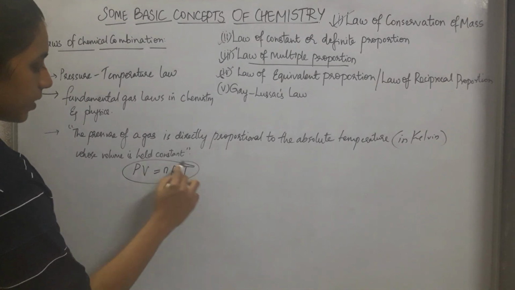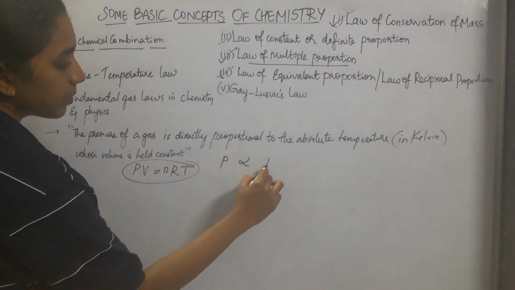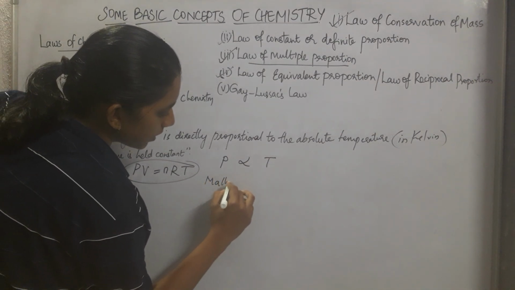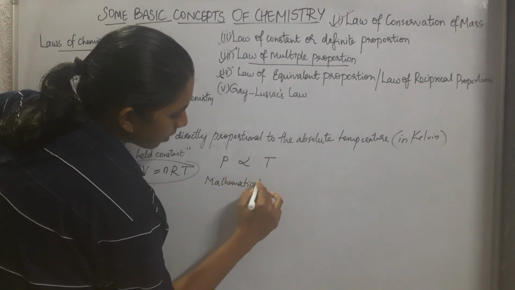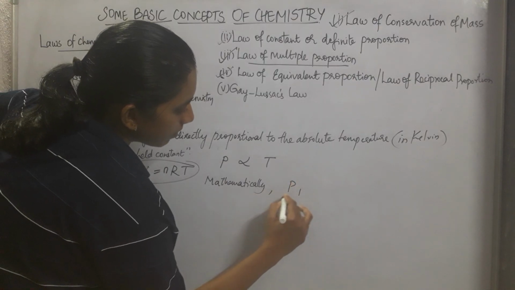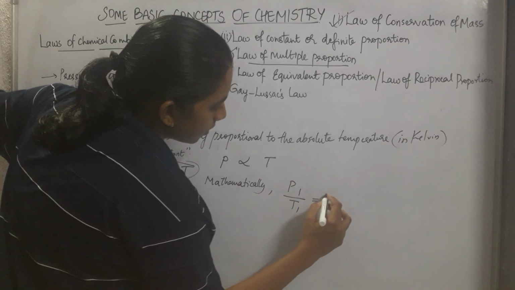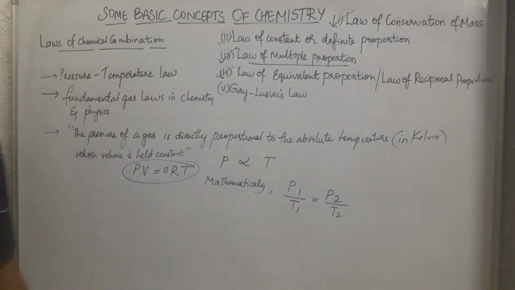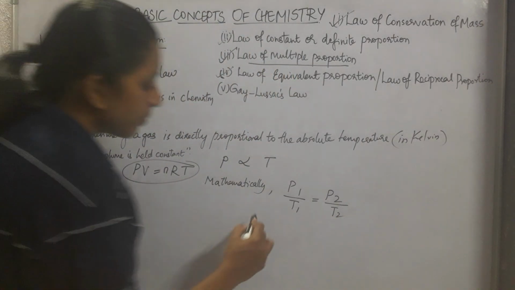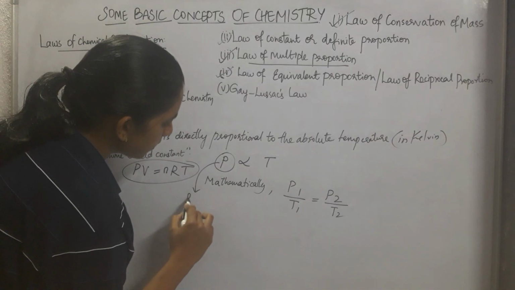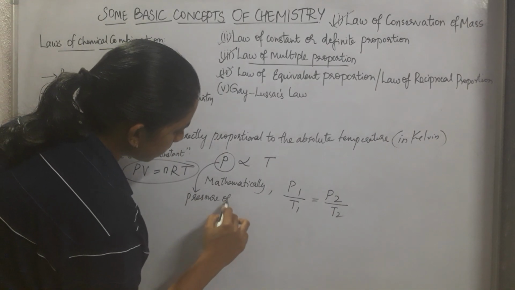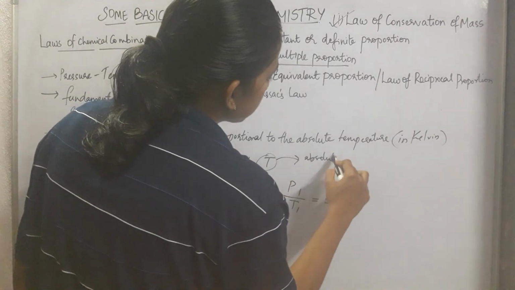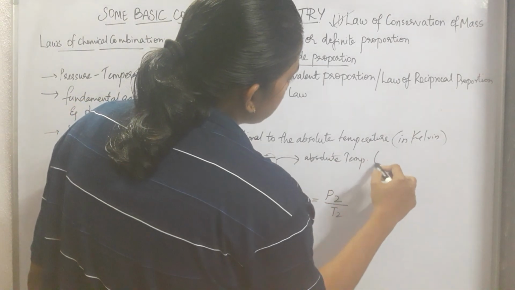From this equation we can tell that pressure is directly proportional to temperature. How do we represent this mathematically? P1 by T1 is equal to P2 by T2, where P is the pressure of the gas and T is the absolute temperature in Kelvin.